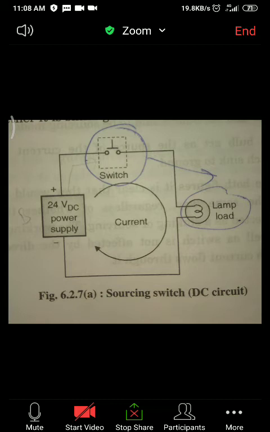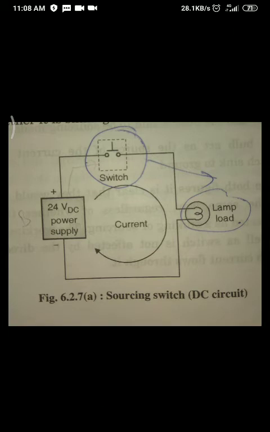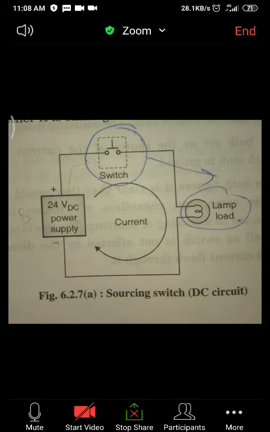See it carefully. As the switch is present between the lamp and the battery, whatever current is generated from the positive terminal of the battery will go through the switch, and then the switch will supply current to the lamp. This is the most important thing. The switch is supplying current to the lamp, meaning it is acting as a source of current.